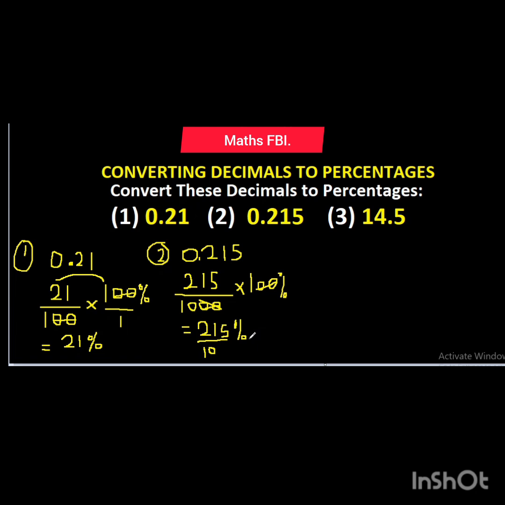This is 215 tenths. 215 tenths is 21.5. The decimal point will be here. We've got only one 0 here, so there will be one digit after the decimal point. So the answer for question number 2 is 21.5%.